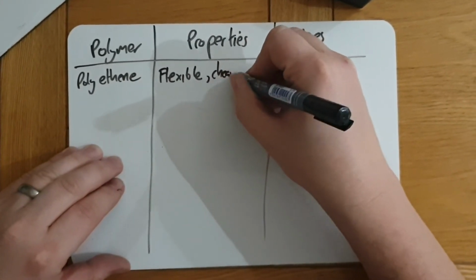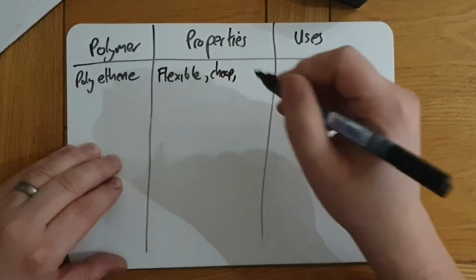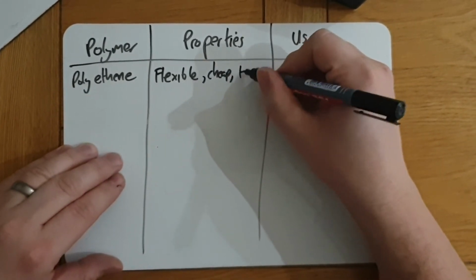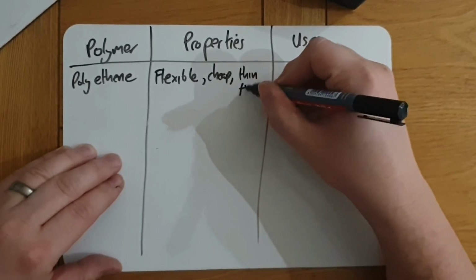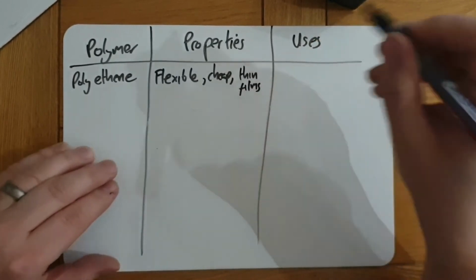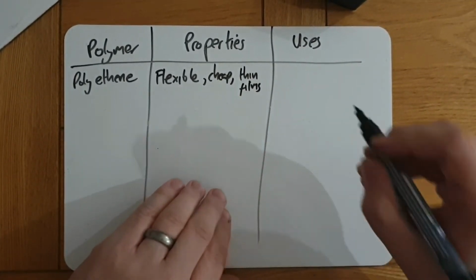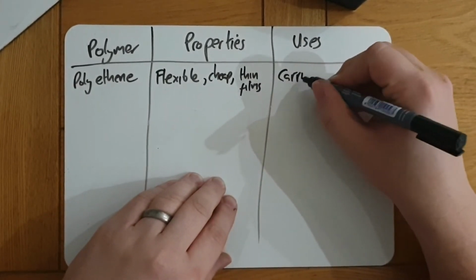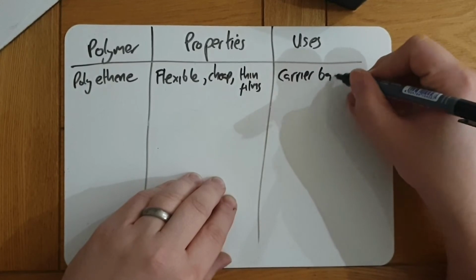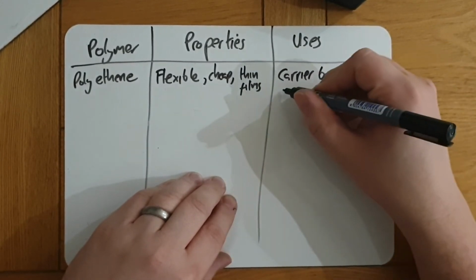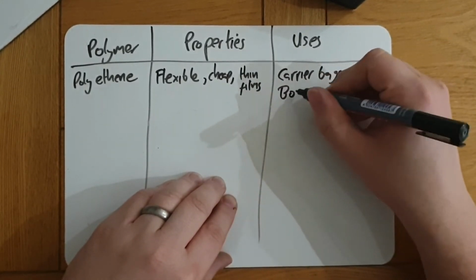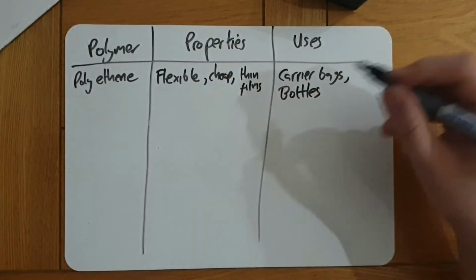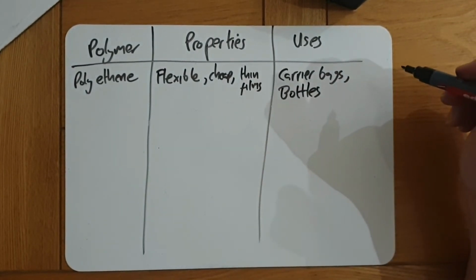It's not really a traditional property, but it's flexible, it's cheap, and you can make it into thin films if you wanted to. So its uses: it's used for carrier bags, like your water bottles and like bottles of fizzy drinks and stuff. Like those disposable bottles, they tend to be made of polyethene.